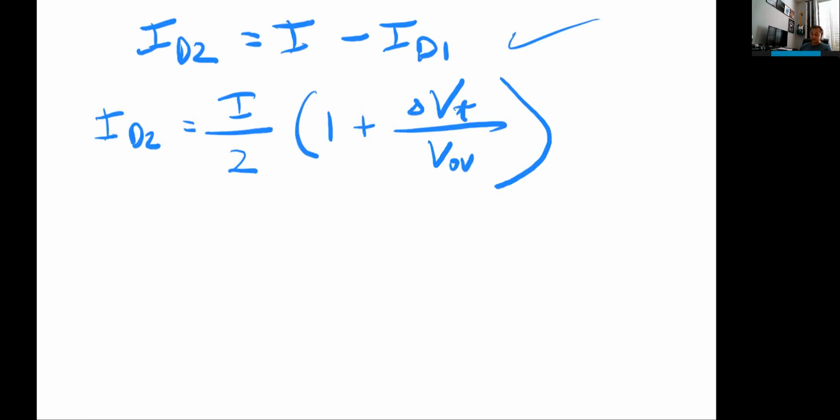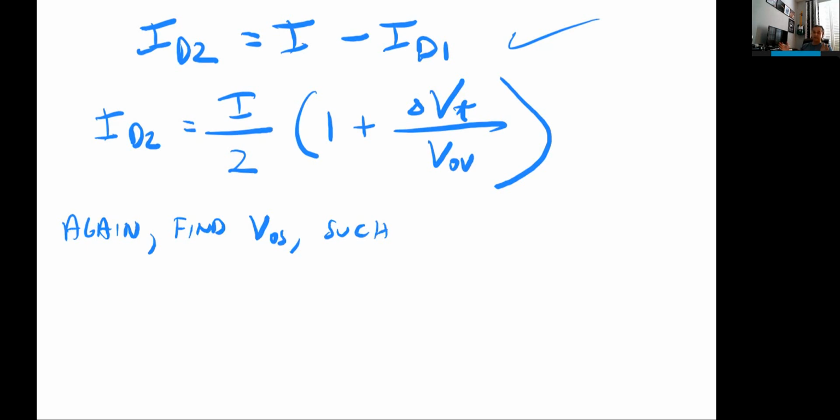Now that I have the currents, I pose the same question. Because if the currents are the same, and I'm just looking at the variation for the threshold voltage, I'm assuming that there is no variation on the drain resistance.